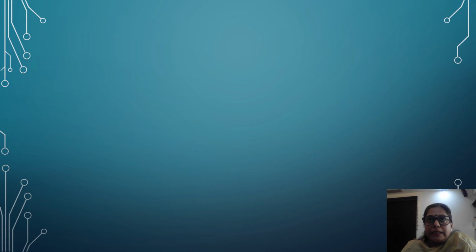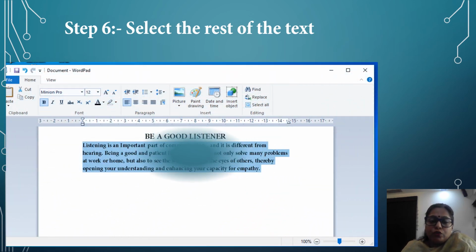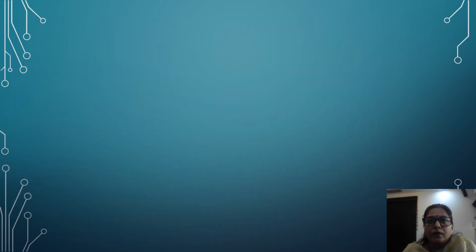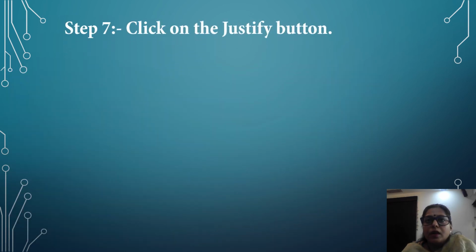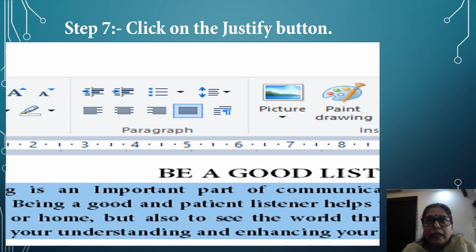Step 6. In the same way, we have to select the rest of the paragraph. Now, step 7. Here, click on Justify button. Justify button is located on the paragraph group on the Home tab.